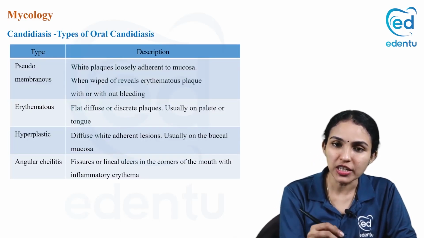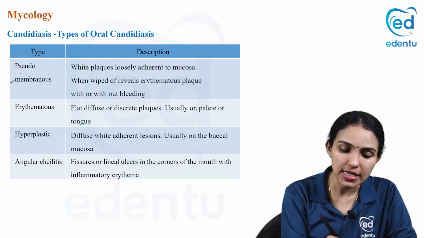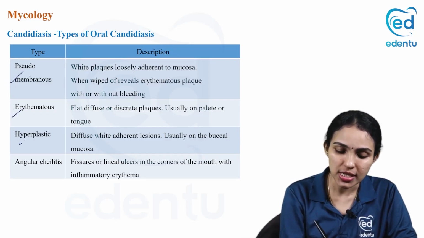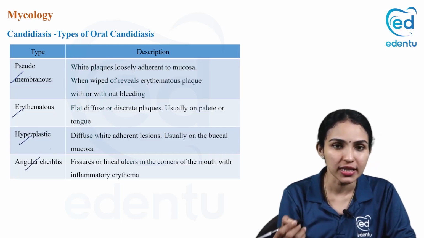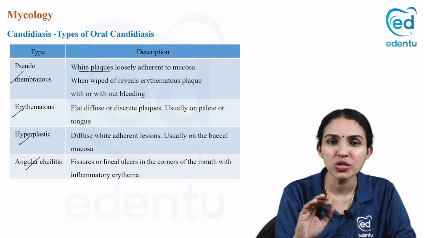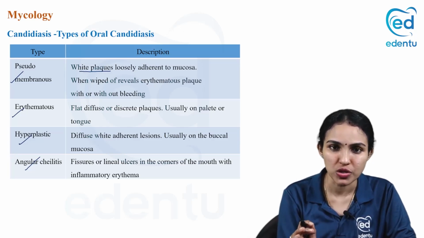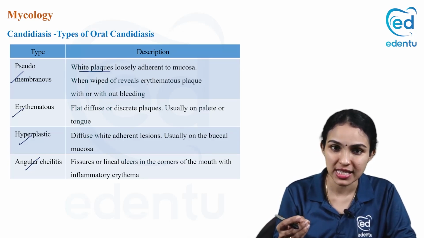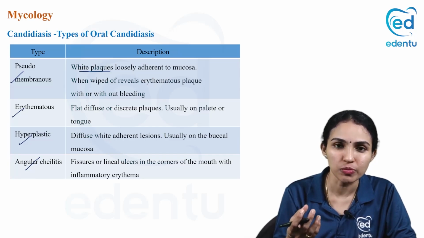So we can see the different clinical types of oral candidiasis like pseudomembrane, which we call oral thrush, erythematous lesions, hyperplastic lesions, and angular cheilitis. Pseudomembranes are actually whitish plaques which are loosely adherent to the oral mucosa. When you try to remove these plaques, it may bleed at times. So you can call it a pseudomembrane.